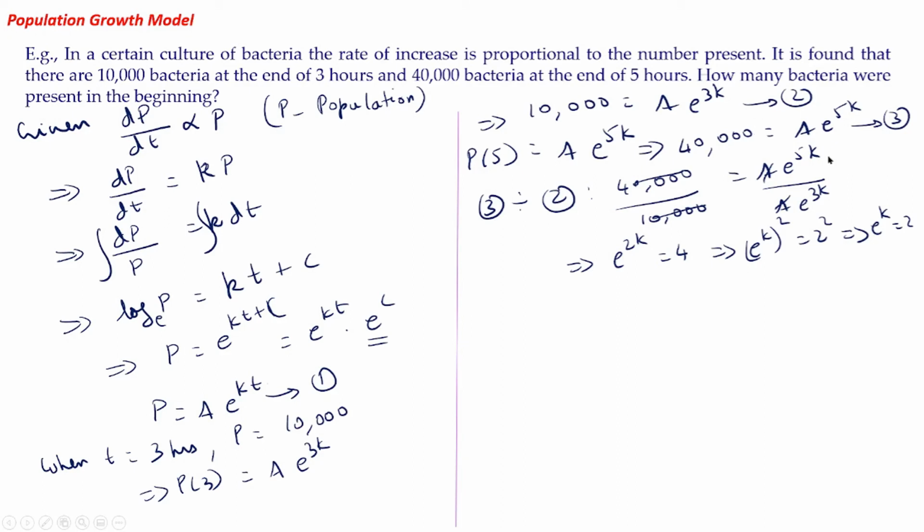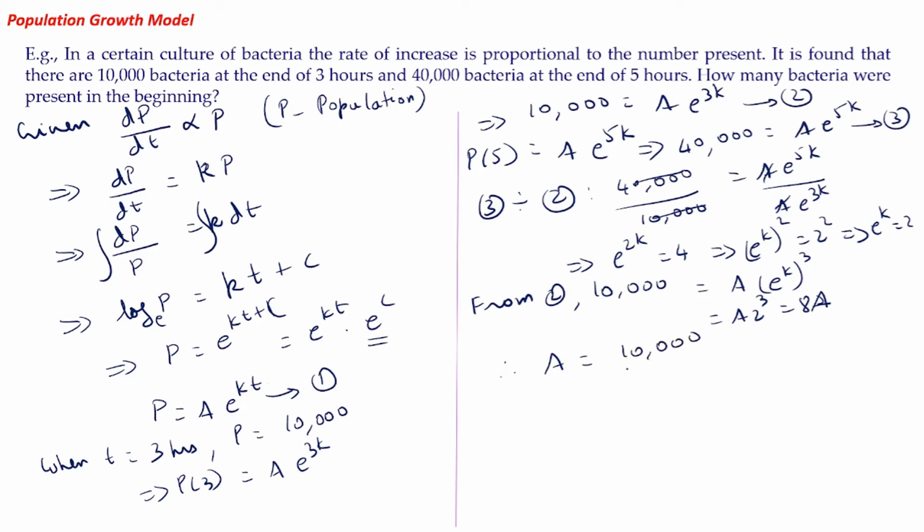Here from 1 we can substitute e raised to K as 2. We have 10,000 equal to A into (e raised to K) the whole cubed, or A into 2 cubed, which is equal to 8A. So from this we get A equal to 10,000 upon 8.